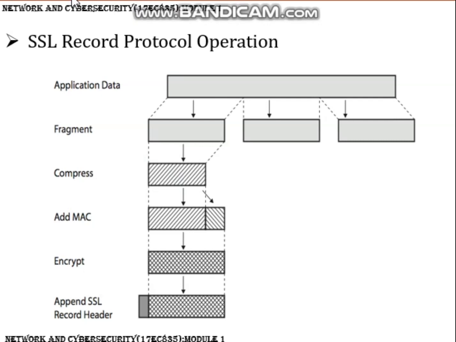The next step in processing is to compute the message authentication code over the compressed data. For this purpose, a shared secret key is used.